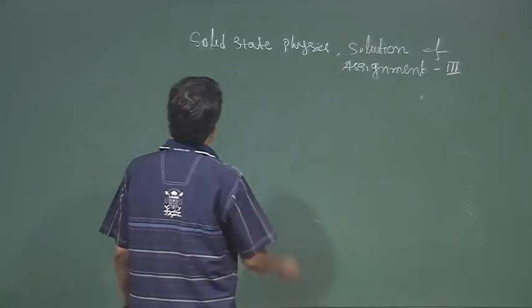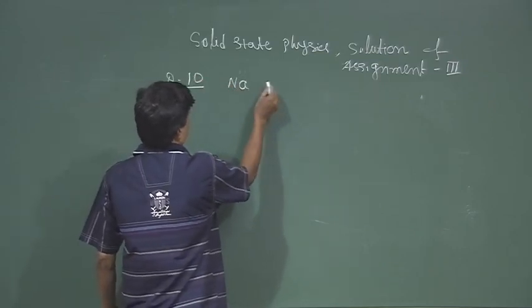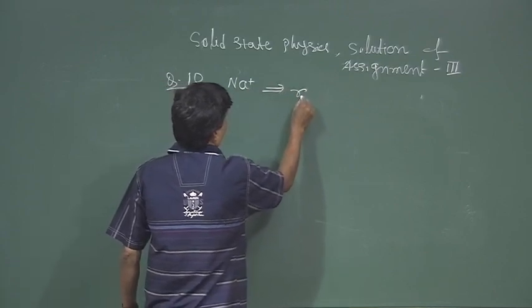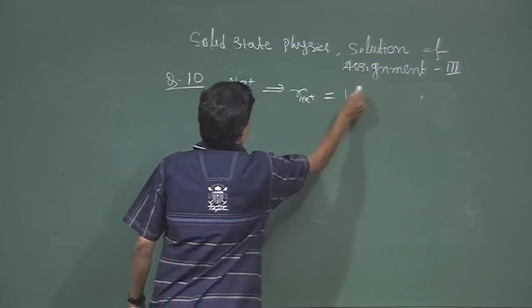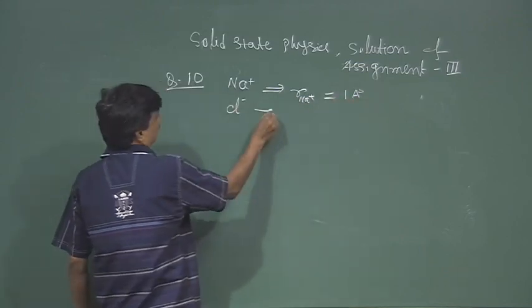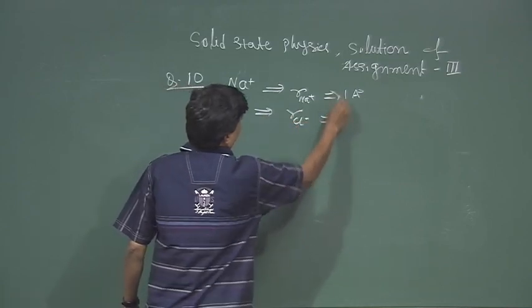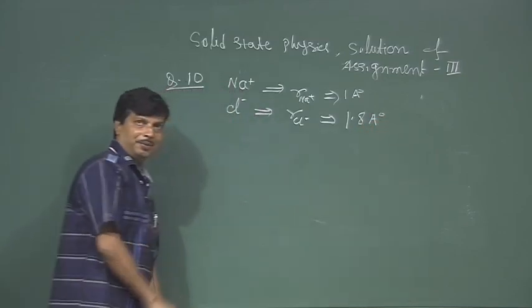So, question number 10: sodium ion, its radius R Na plus is 1 angstrom, and chlorine ion, its radius is 1.8 angstrom. So, what will be the lattice parameter in this case?